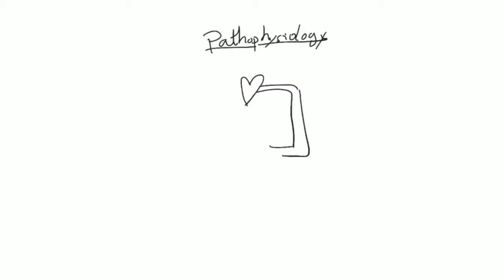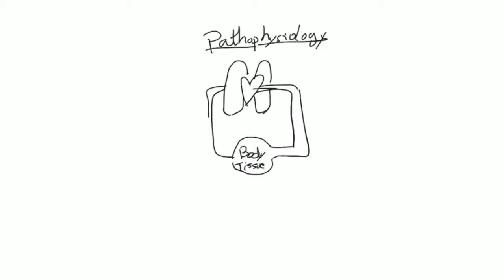So right now I am drawing the heart, and behind the heart right here are the lungs. This is a vessel that goes to the body or tissue, which is a compound of your cells. And then this vessel goes back to your lungs, to your heart, and the whole process goes all over again.